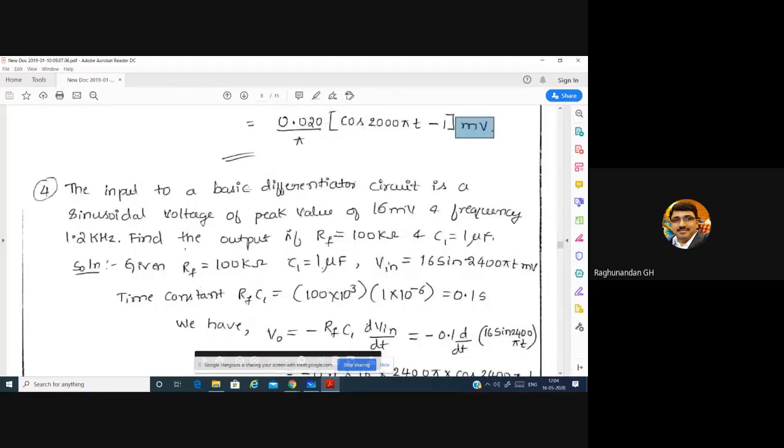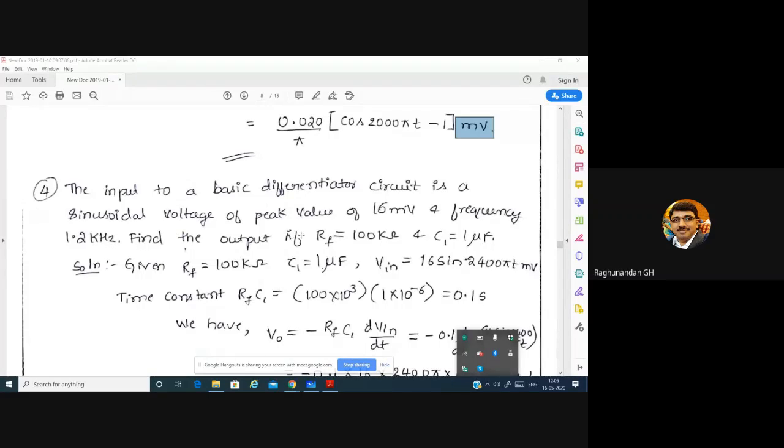The input to a basic differentiator circuit is a sinusoidal voltage. So here also they're talking about a differentiator. That was the integrator circuit, this is a differentiator circuit. The input signal is sinusoidal, the peak value of the voltage is 16 millivolt, and frequency is 1.2 kilohertz.